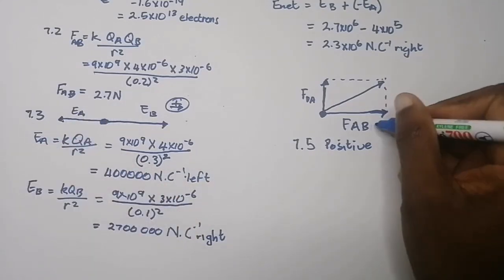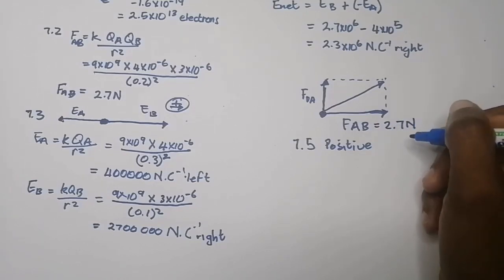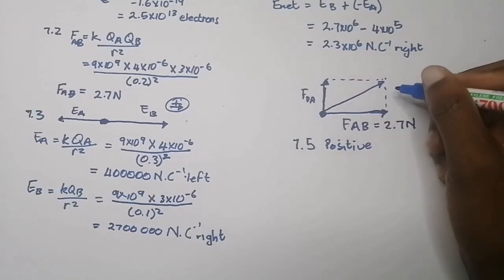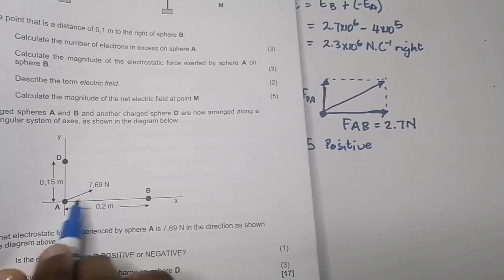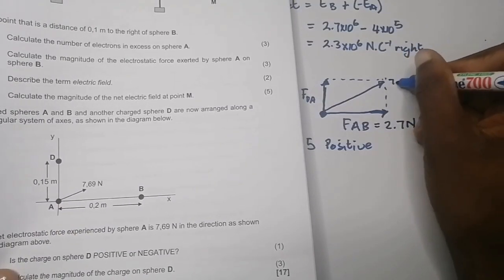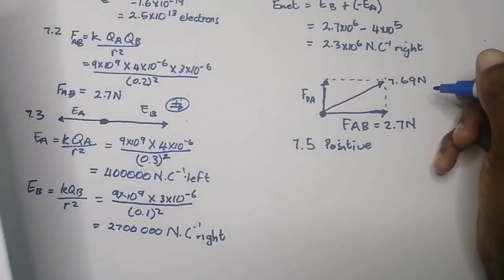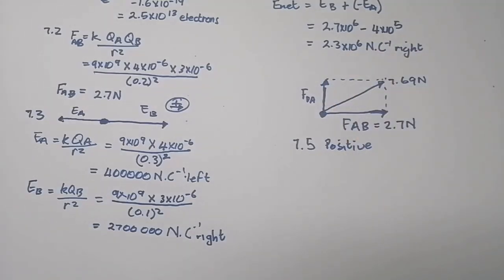And we know that the resultant force is given as 7.69 newtons. So now let's find out the magnitude of this force.